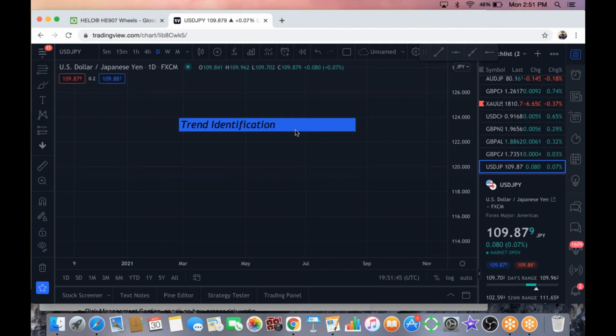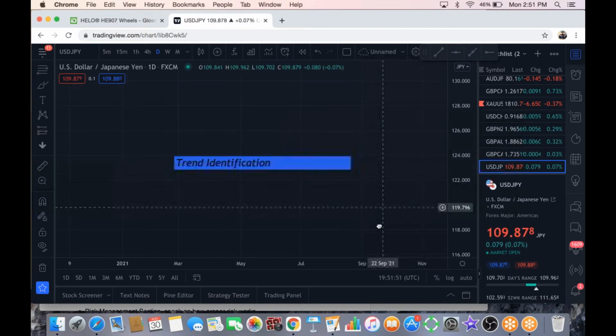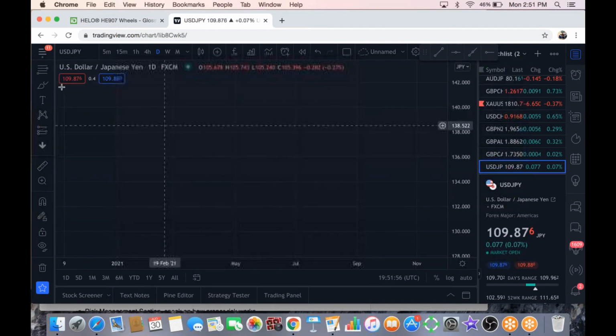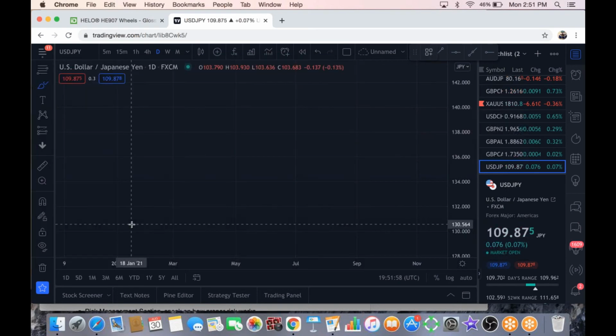So the potential of what a trend does is it gives you an idea of where this market can potentially go. And it's based off of two aspects: an uptrend and a downtrend. When it happens, it's the peaks and the valleys that we've already spoken about.